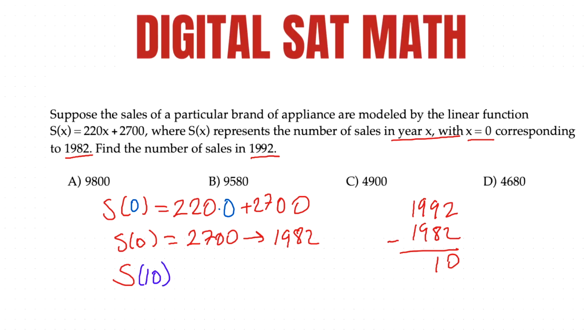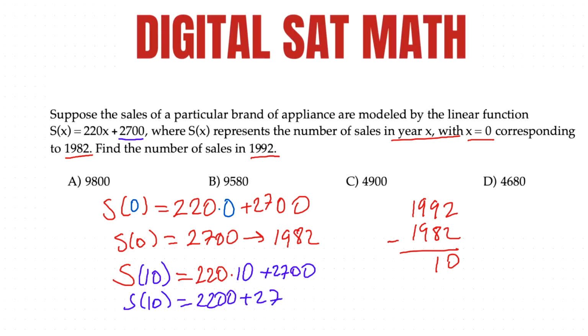For S of 10, we're going to multiply 220 times 10 plus, as our initial function had it, plus 2700. I just added that too. Multiplying 220 by 10 is easy, right? You can just add a 0 behind 220, plus 2700.